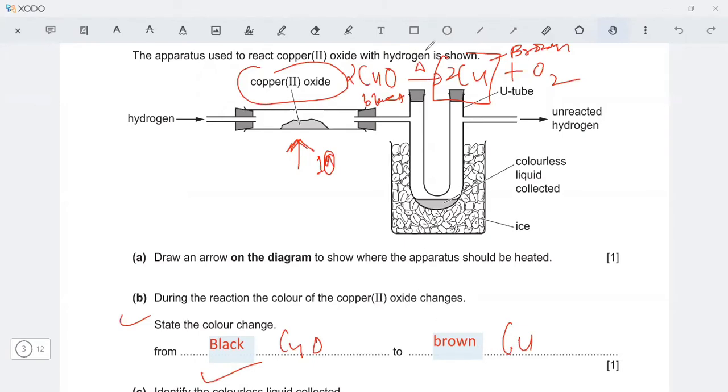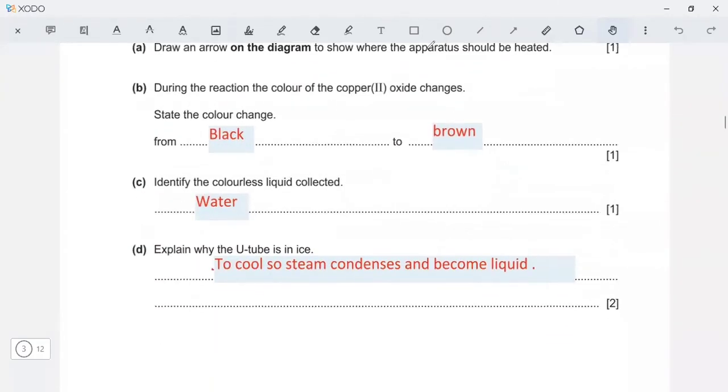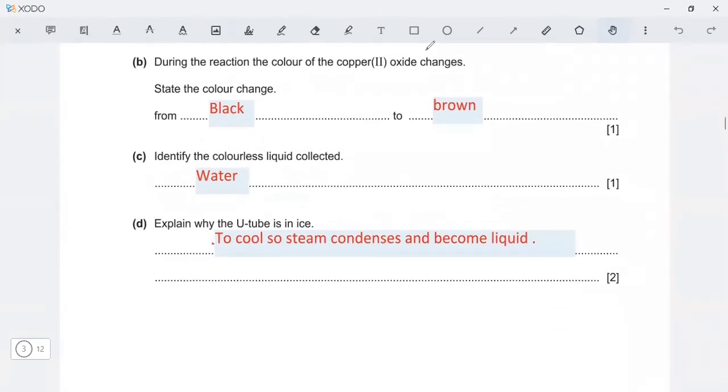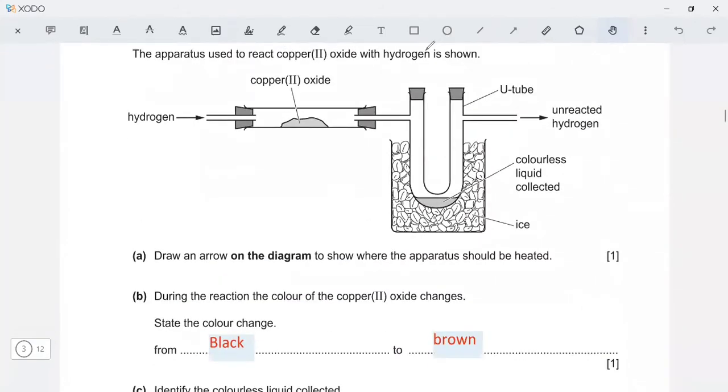Okay, so let us move on to the next question. Identify the colorless liquid collected. So what is the colorless liquid collected here? Could you see the diagram? Yes, here hydrogen gas is let in. When this copper oxide is heated, obviously oxygen is present, since oxide is meant basically for oxygen, right?